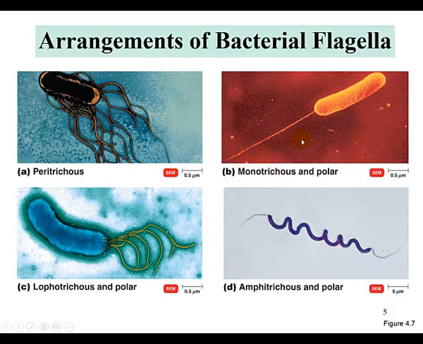The monotrichous arrangement, where you have a single flagellum at one pole, that's shown in panel B here. You also have lophotrichous and polar, meaning a tuft of flagella coming from one pole, such as here in panel C, and amphitrichous and polar, flagella that are on both poles of the cell, such as in panel D here.